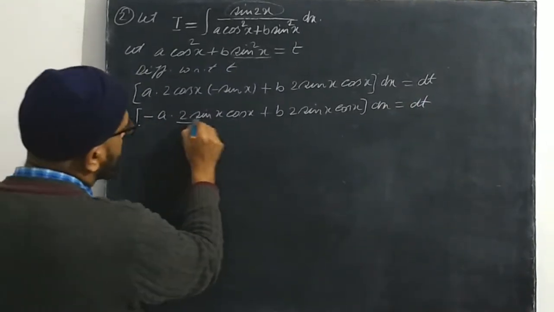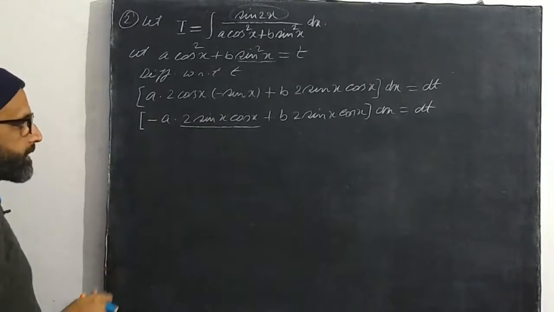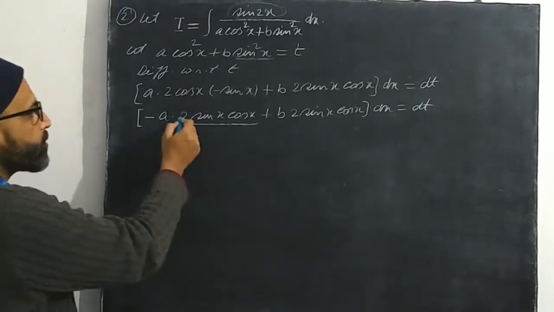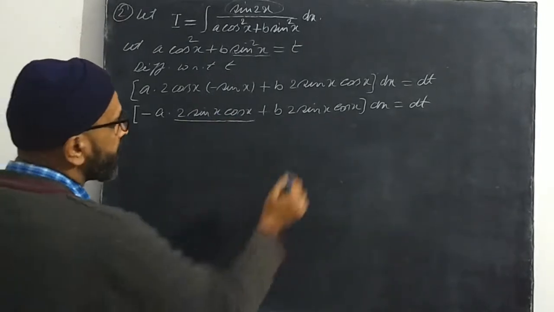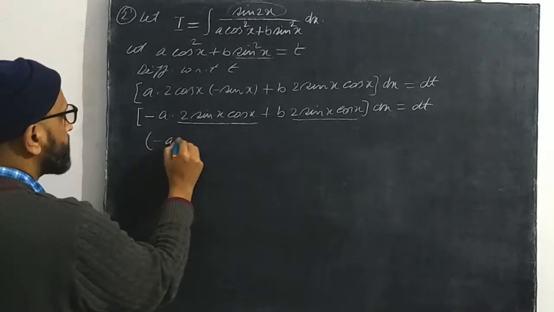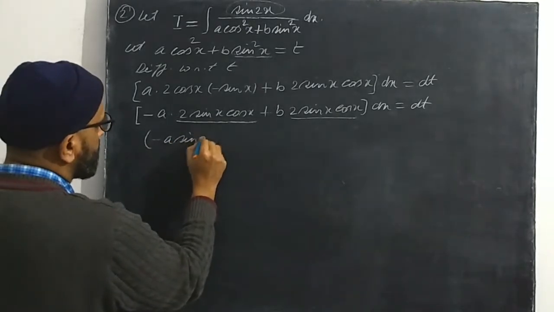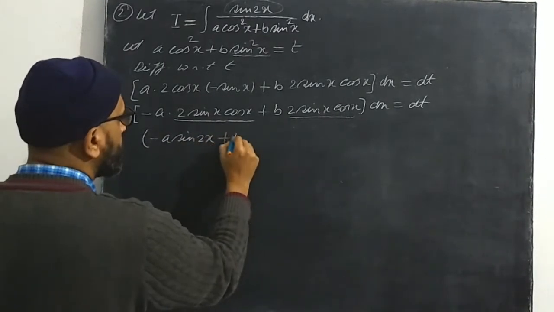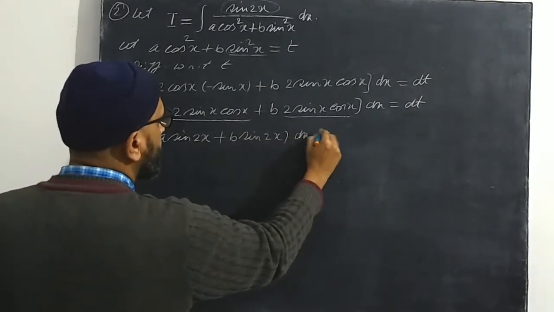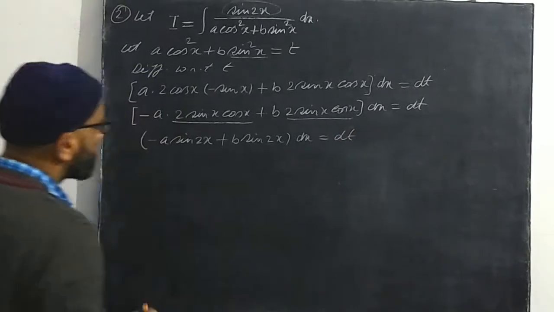By the sin 2 theta formula, sin 2 theta is equal to 2 sin theta into cos theta, so 2 sin x cos x becomes sin 2x in both the terms. So we get minus a sin 2x plus b sin 2x dx is equal to dt.